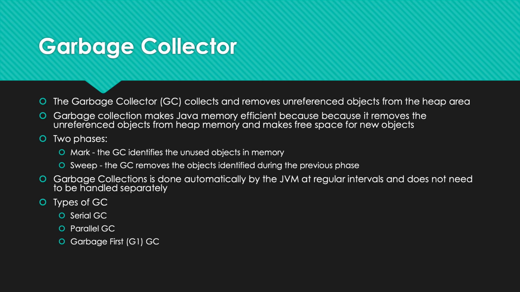Then it identifies regions with the most garbage and performs the garbage collection process on that region first. So yeah, there's one more actually, the concurrent mark sweep garbage collector, but that has been deprecated since Java 9.